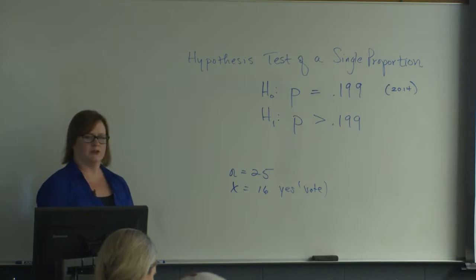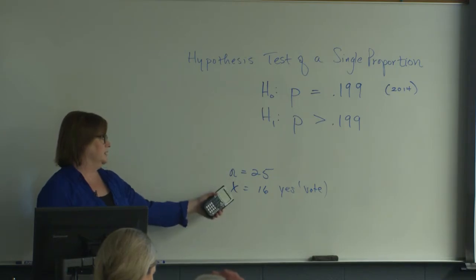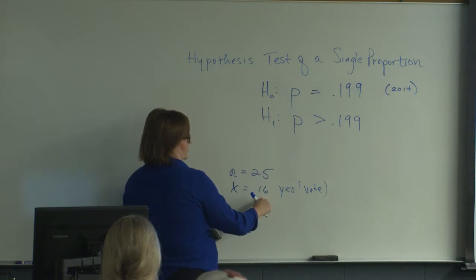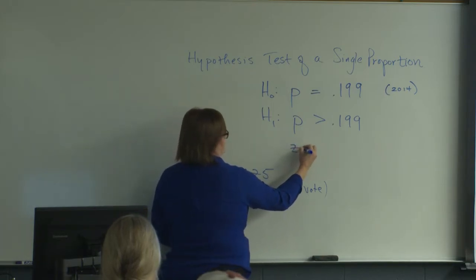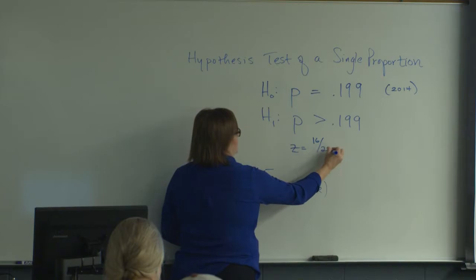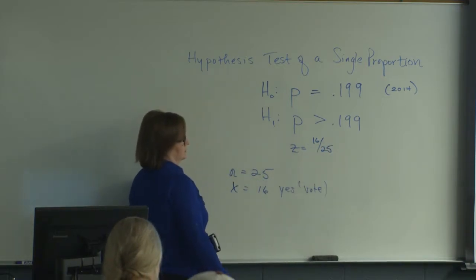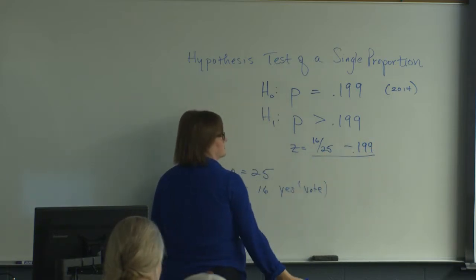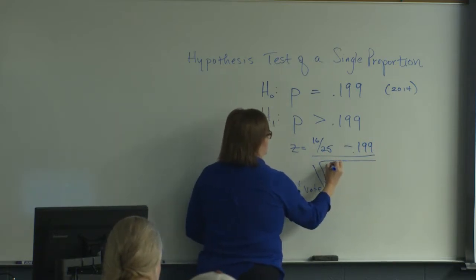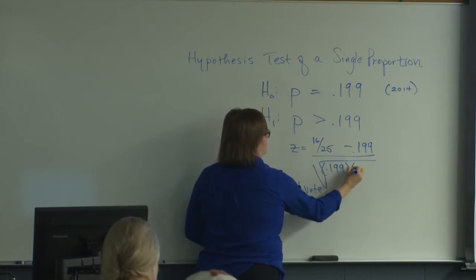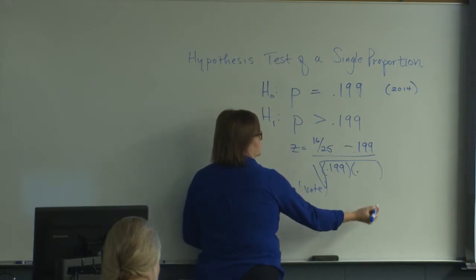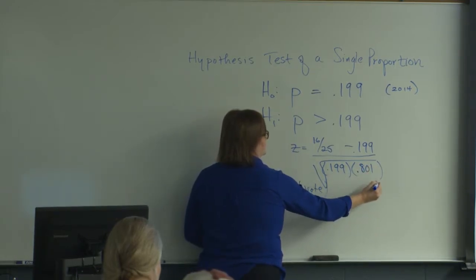Okay, so we'll kind of shorten this from the first problem we did today, because we know that's all we need to get the z. So here's what you could do. Even without figuring out that ratio, you could go straight to this. It's 16 out of 25 that voted. See how different that is from 0.199. Underneath here, 0.199. Now we need the complement of that. What's that? 0.801, okay.